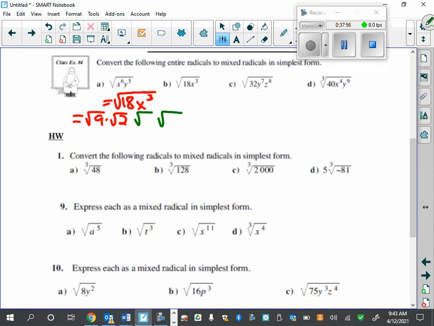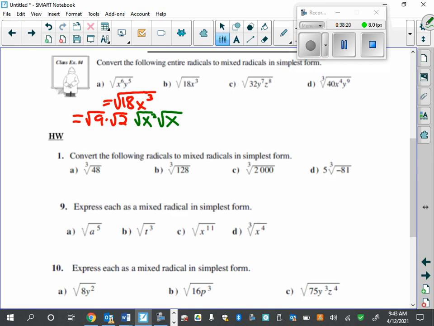Who remembers how to do that? What would the perfect square be for x cubed? Perfect square for x cubed would be, if I did x squared. Perfect, yep. Good job.